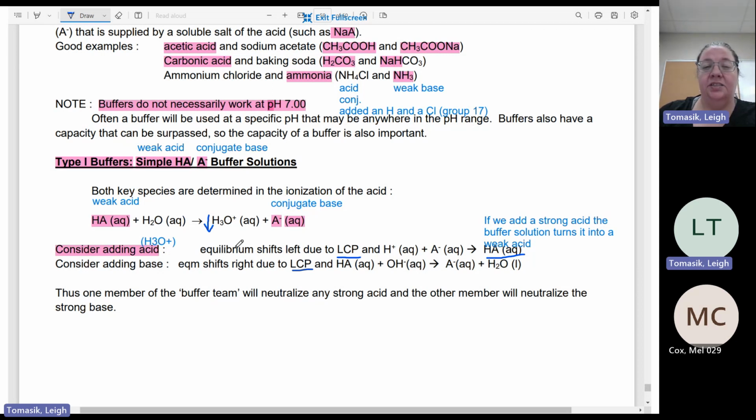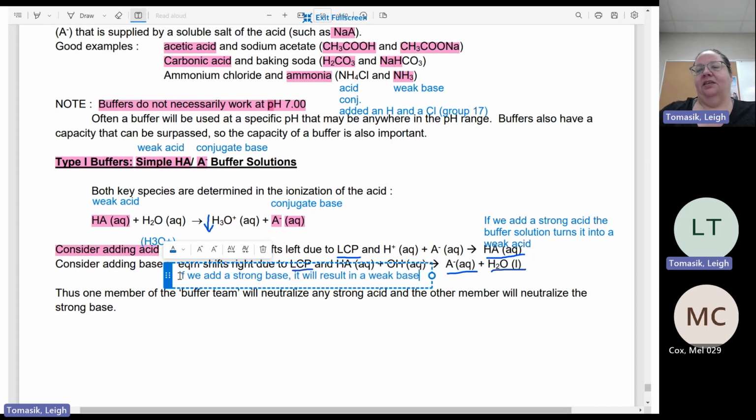If we remove a product, the system will make more product. And then what are we going to get? We're going to get a weak conjugate base and water. So if we add a strong base, it will result in a weak base and water.